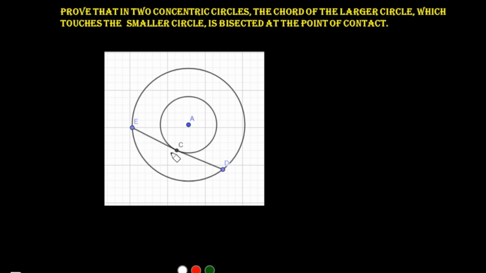It is just touching the smaller circle, which means it's a tangent to the smaller circle. Wherever the point of contact is, it bisects the chord length equally.